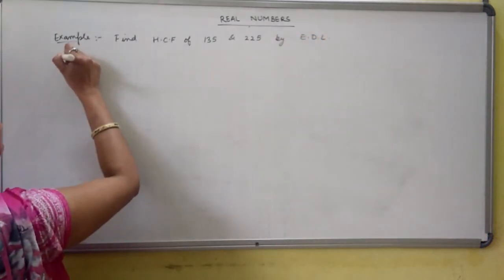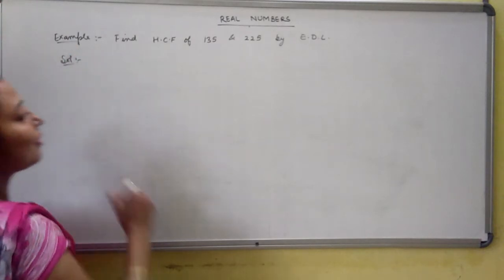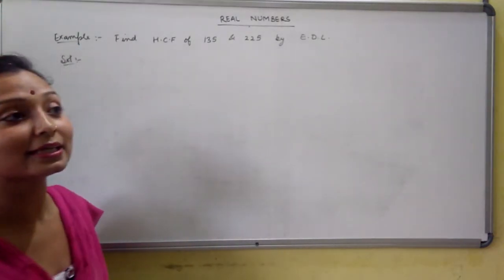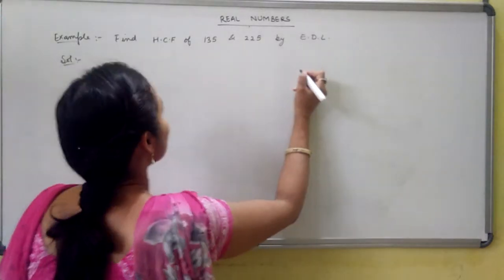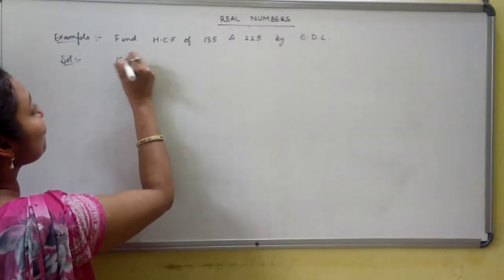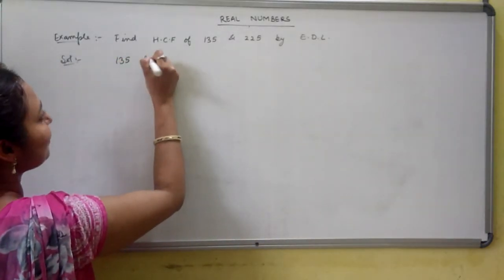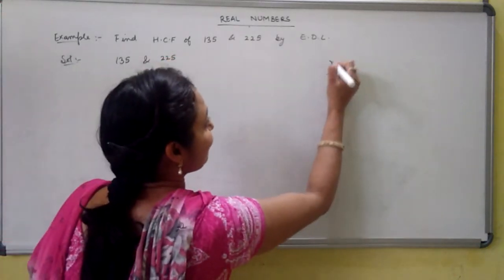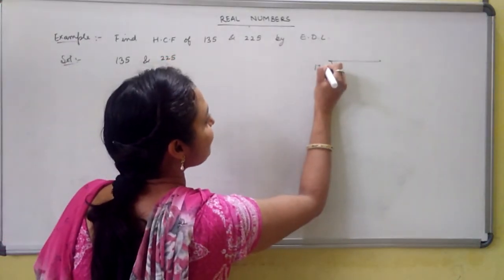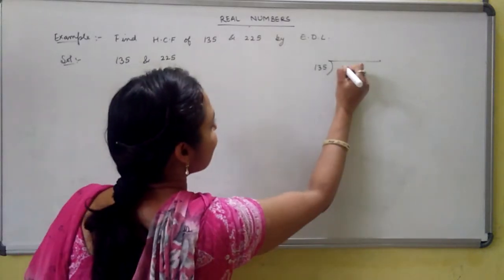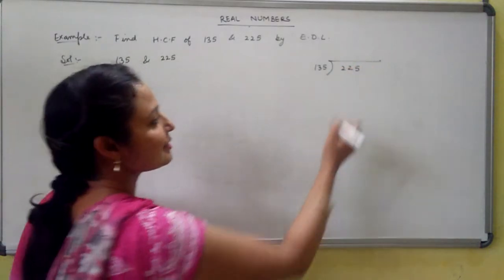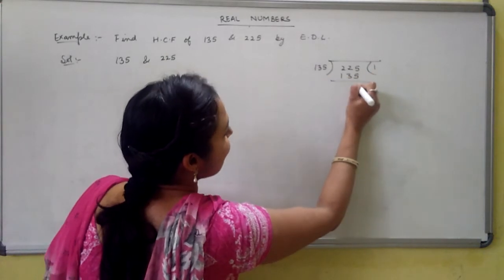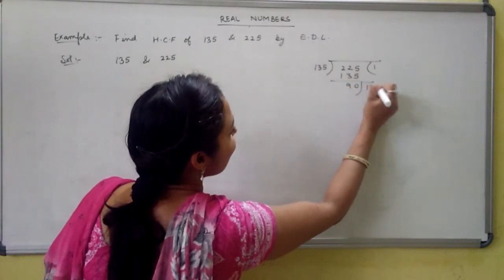So how can we find it? When we were kids, our teachers taught us a method to find the HCF. What is that method? We put the smaller number outside and the bigger number inside the division, and when we divide it, we get a remainder 90.